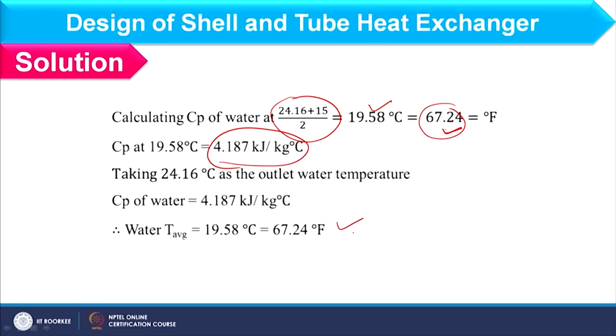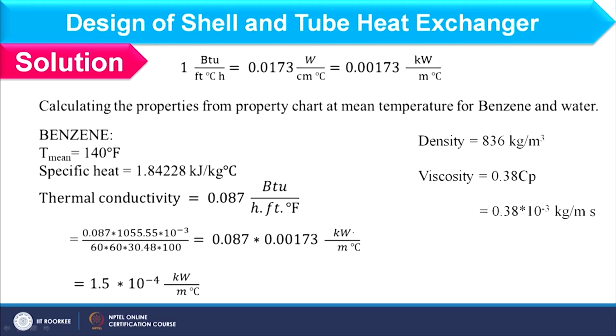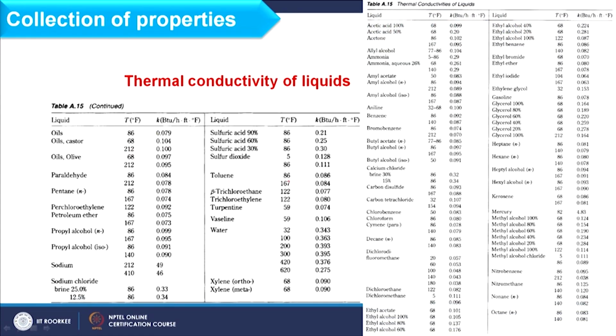So, we know all temperatures of both fluids. The next step is we have to collect other properties, because I know the average temperature of both fluids. For benzene, the average temperature is 140 degrees Fahrenheit, and the Cp value we have already obtained. Thermal conductivity we can see from this table.